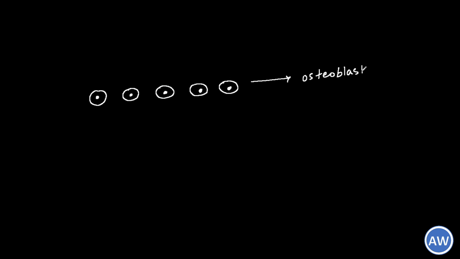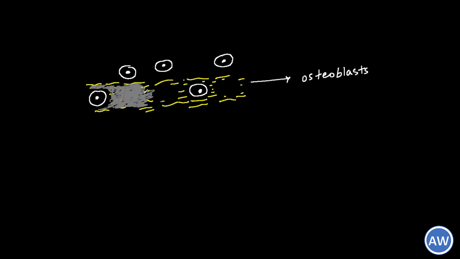Now let us look at the same thing from another perspective to better understand how the lamellae are formed layer after layer. Initially, the first layer of osteoid is laid down by the osteoblasts. When the mineralization begins, some of the osteoblasts move away and lie adjacent to this layer. As mineralization continues, some of them get caught within the lamellae.